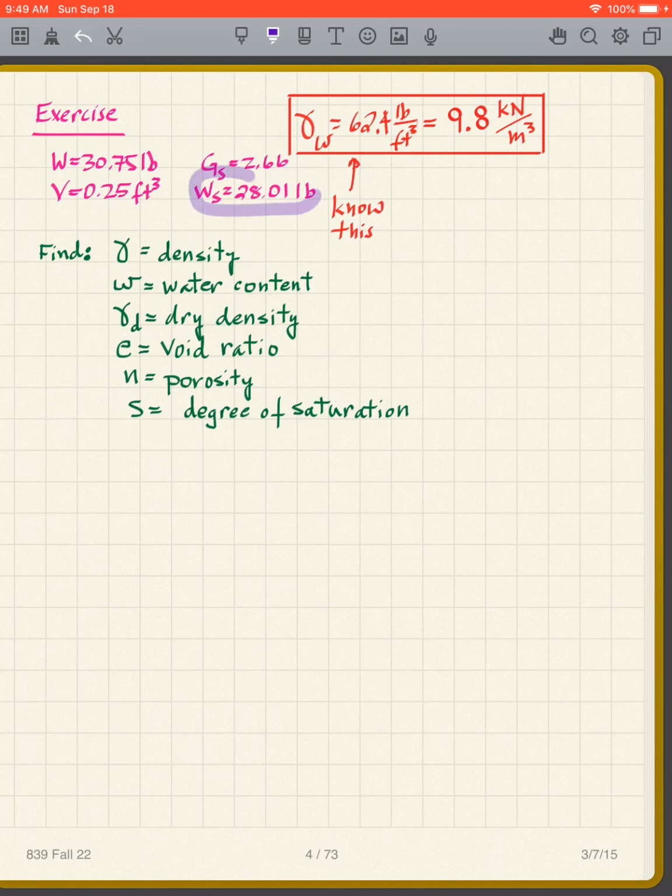The weight of the solids is 28.01 pounds. And then, this is what you need to memorize. What we want to find is the density gamma, small w, the water content, gamma D, the dry density, E is the void ratio, N is the porosity, and S is the degree of saturation. So pause the video here and do your best to solve this, and I will give you the solution.